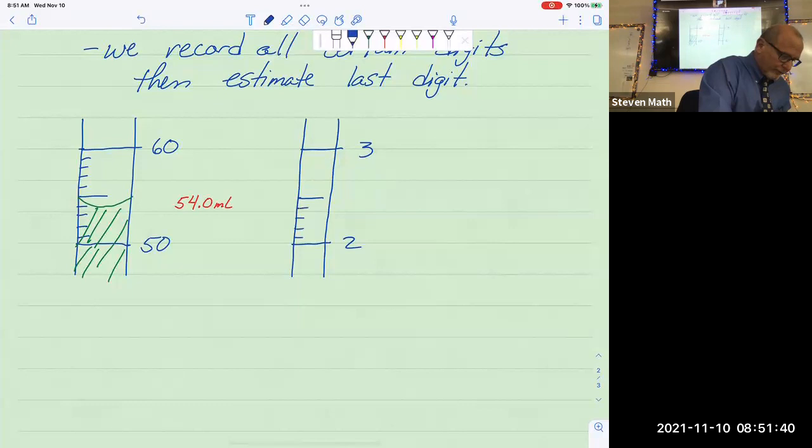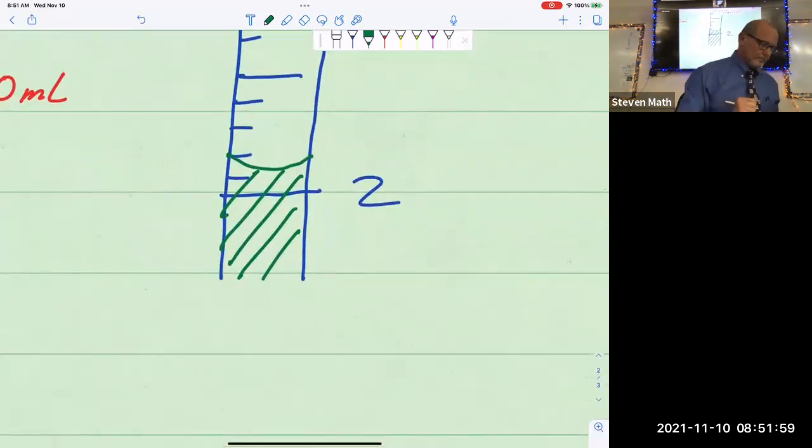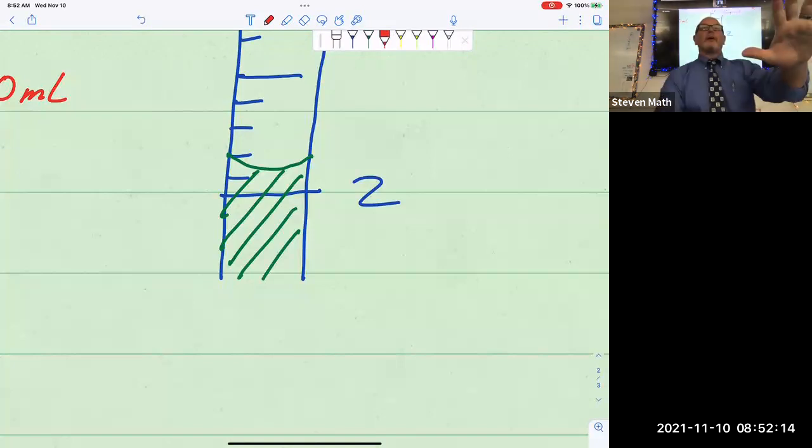Shay, what's the volume in the graduated cylinder? So which ones are we sure of? We're sure of 2.1.